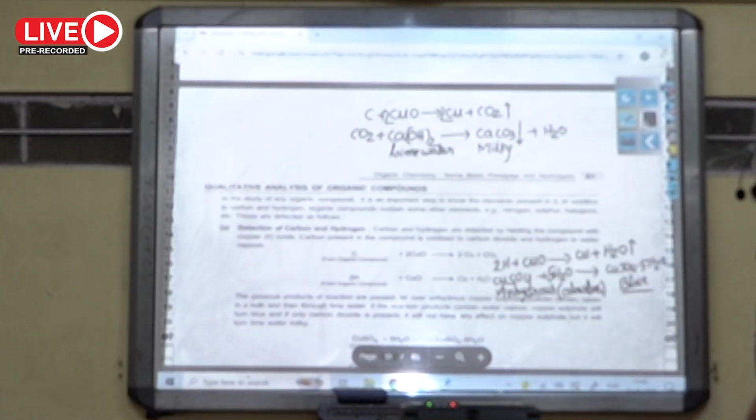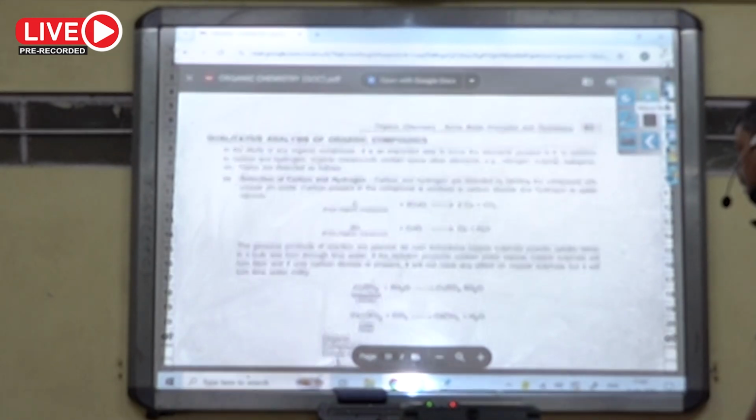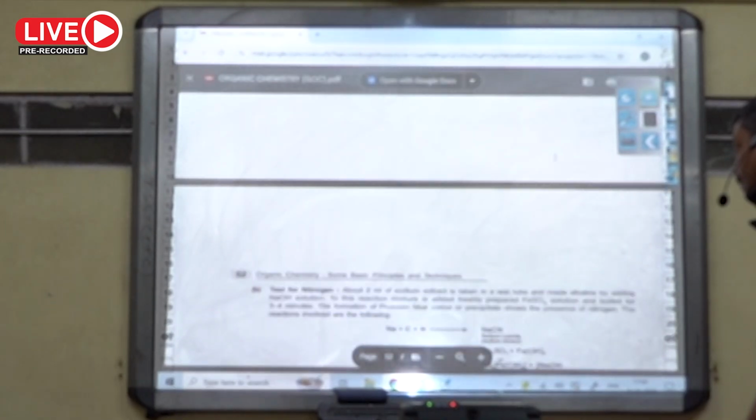Next subheading, detection of nitrogen, sulfur, phosphorus and halogens.